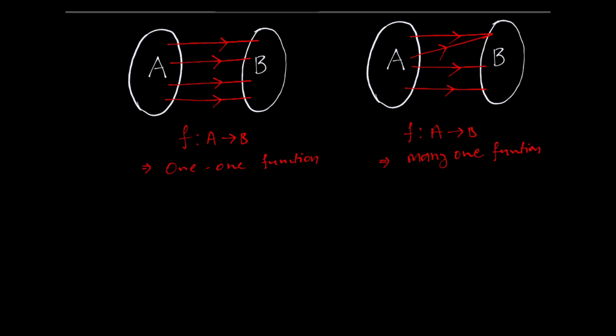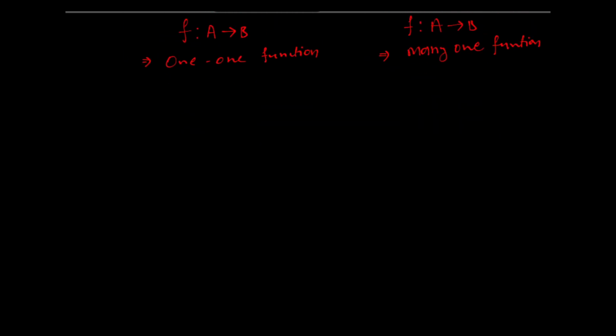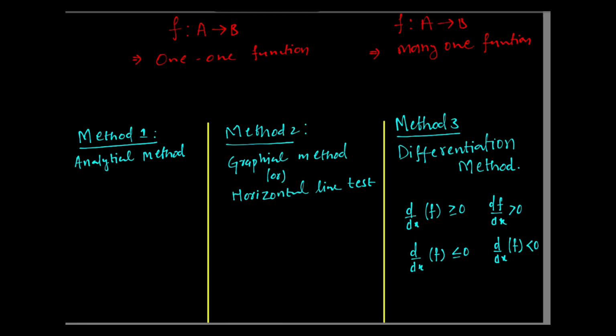And I have discussed some methods to determine whether a function is one-one or many-one. The first one is the analytical method, in which we write f(x1) = f(x2) if and only if the input values are equal.